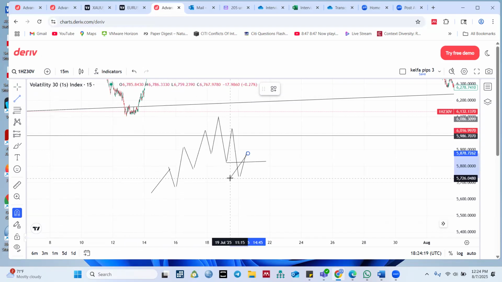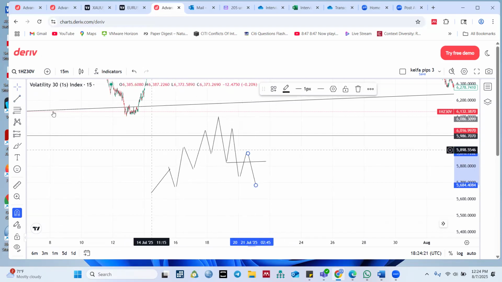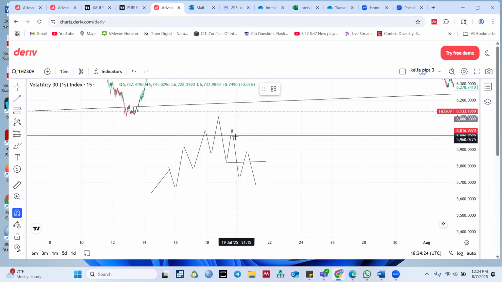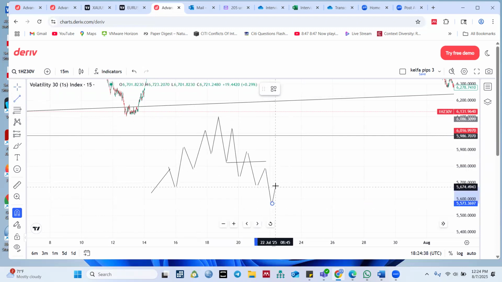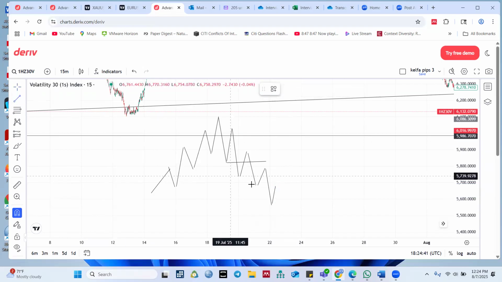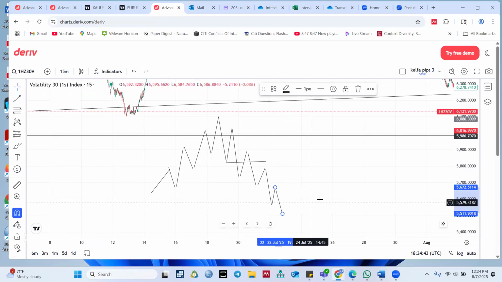So in a bearish market, we are going to have a low, lower high, lower low, lower high, lower low, lower high, lower low, lower high, and lower low.